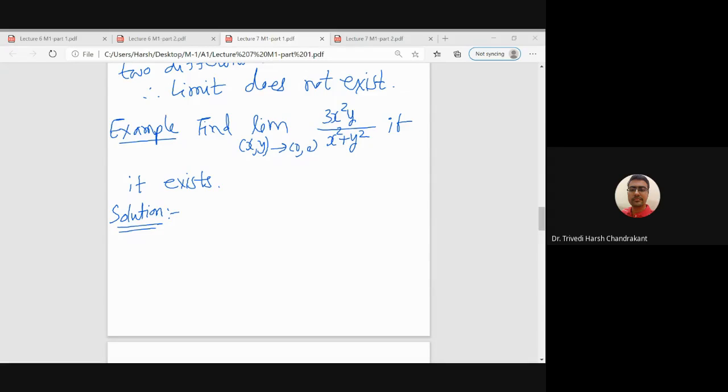Just find it out. Both the iterated limits I think will be the same in this example, right? What will be the limit? Just take x tends to 0, then y tends to 0, and y tends to 0, then x approaches 0.